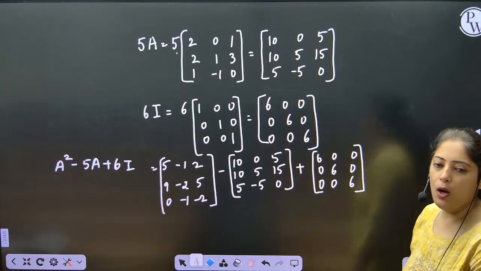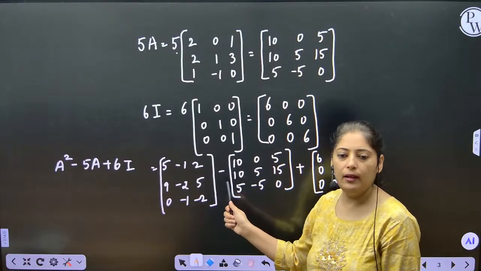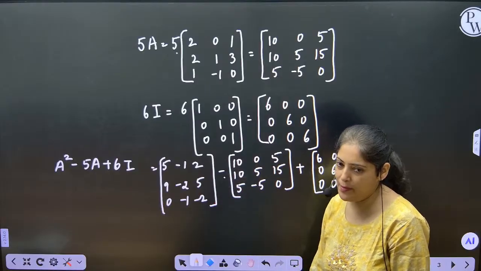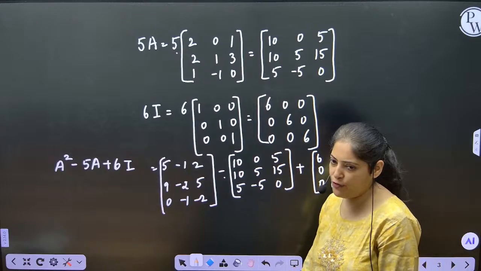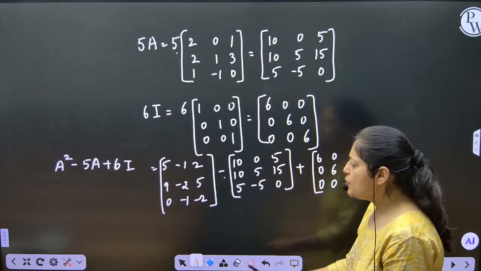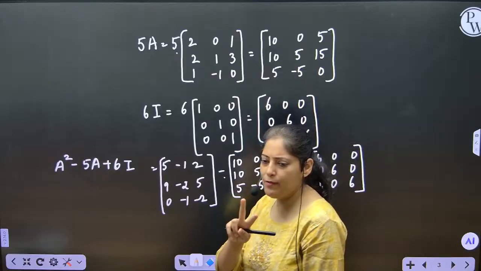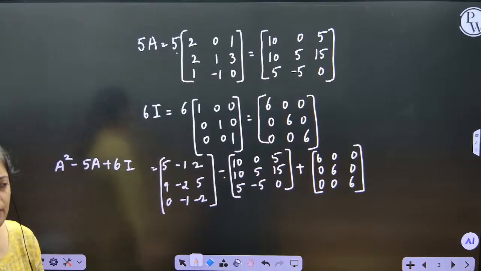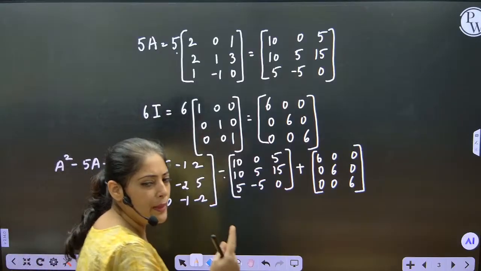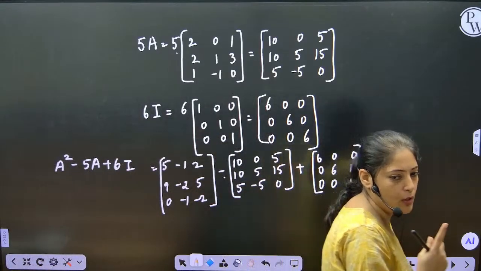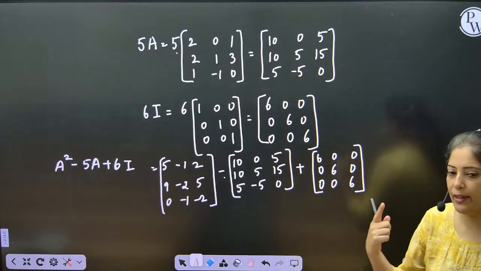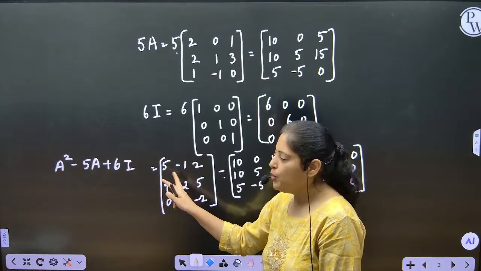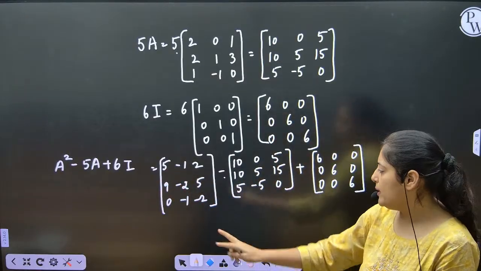All right, now we have already done algebra of matrices, where we have already done subtraction of the matrices, we have already done the addition of two matrices. Okay, so two things we have to keep in mind: first, the order should be the same, and second, while doing the questions also I am revising the concept and repeating the concepts so that it should be retained in your minds. So first we have to see whether the order is the same or not.